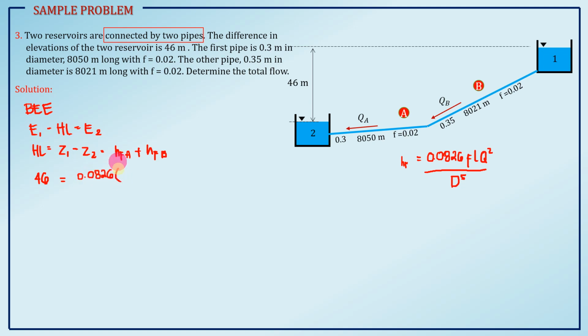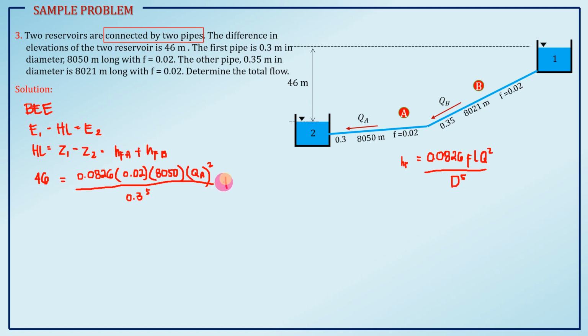F for pipe A is 0.02. Length niya is 8,050. QA, then square. Now, divide natin sa diameter niya, 0.3 meters naman yan. 0.3 raised to 5.